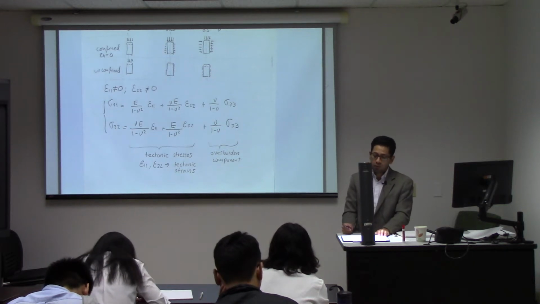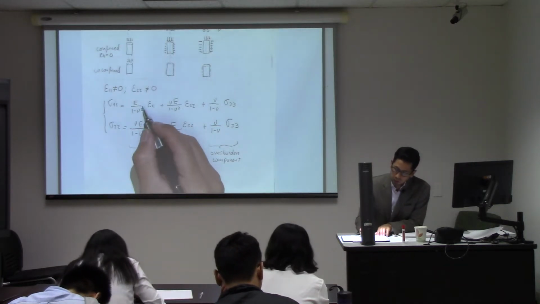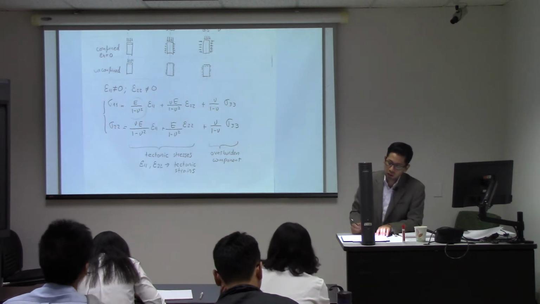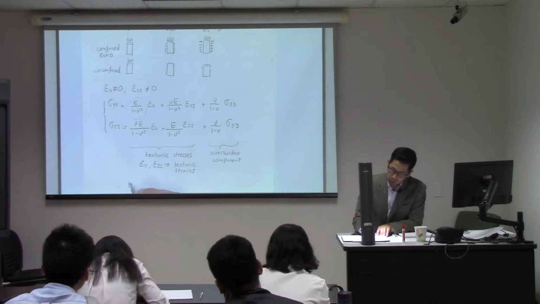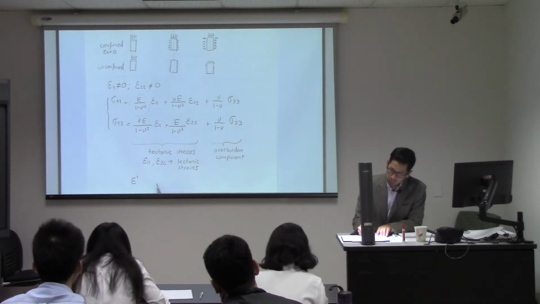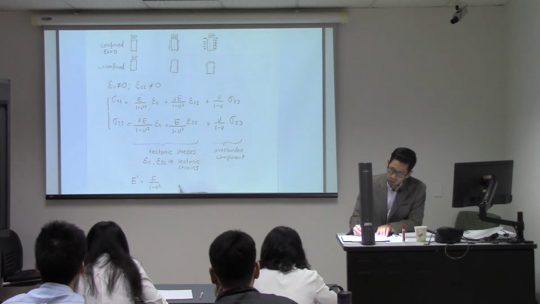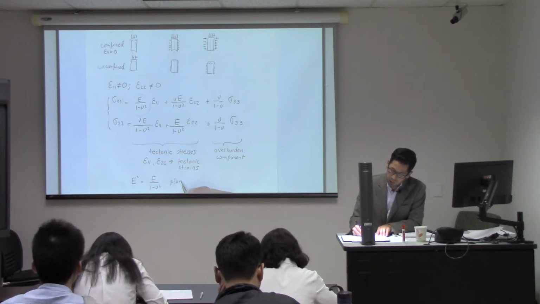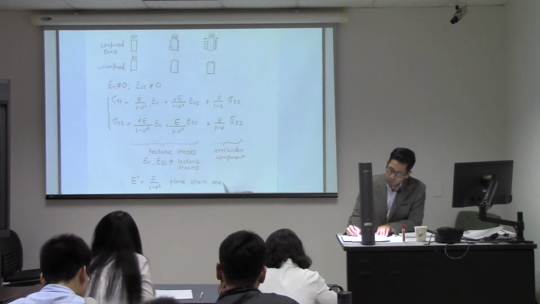A few more things before we go to an example. There is a very important proportionality coefficient here. This one goes by E prime and is called the plane strain modulus.